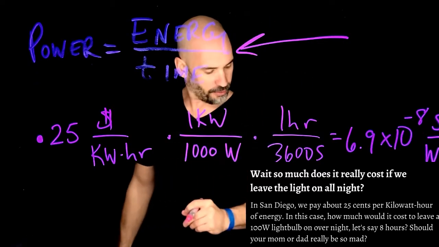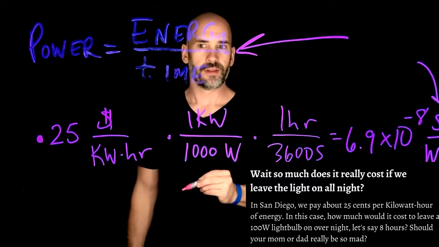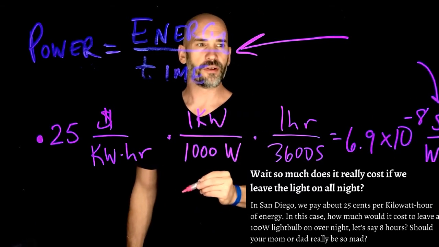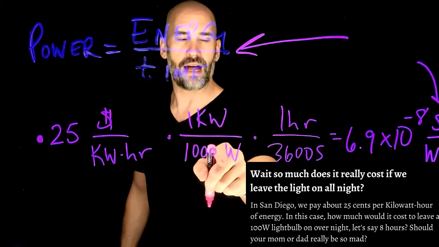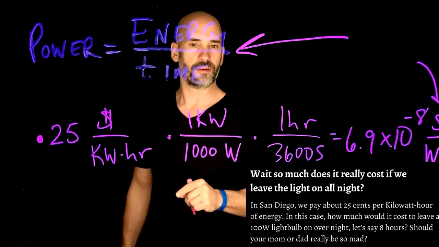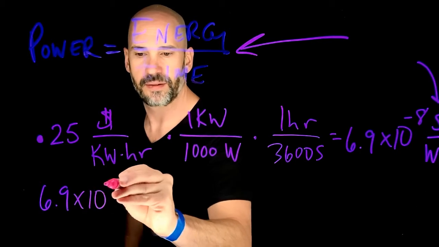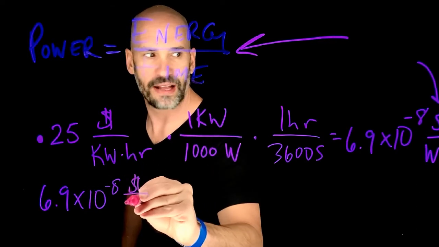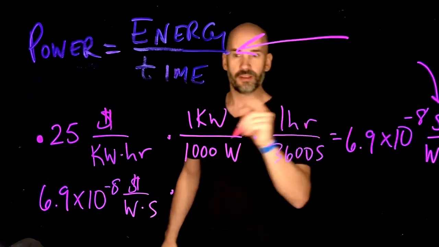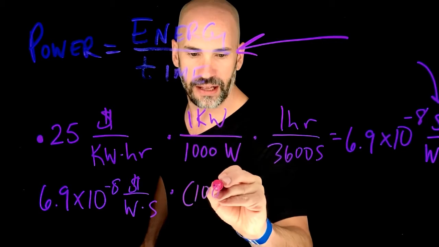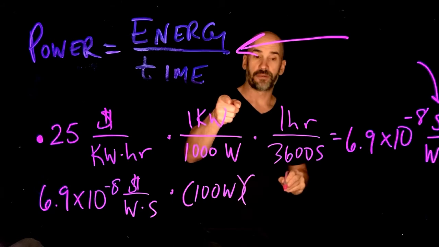Okay, so now this is what I want, right? I want to get rid of watts and I want to get rid of seconds altogether. So if I have 6.9 times 10 to the minus 8 dollars per watt second, I know that I am using a 100-watt light bulb, right? So let me multiply that by 100 watts, right? And I know that I'm doing this for 8 hours, right?